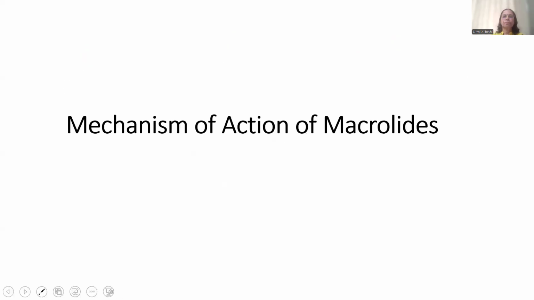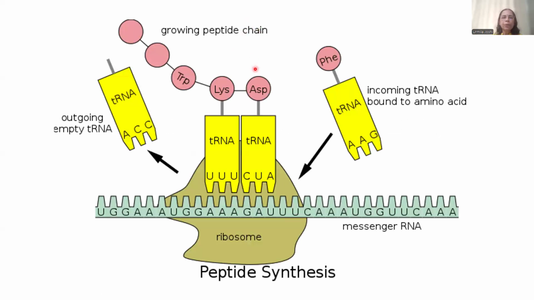Going ahead, the mechanism of action of macrolides. I think you know how a peptide chain grows. There is tRNA. Attached to tRNA is an amino acid. 3 tRNAs join together and start growing the peptide chain.